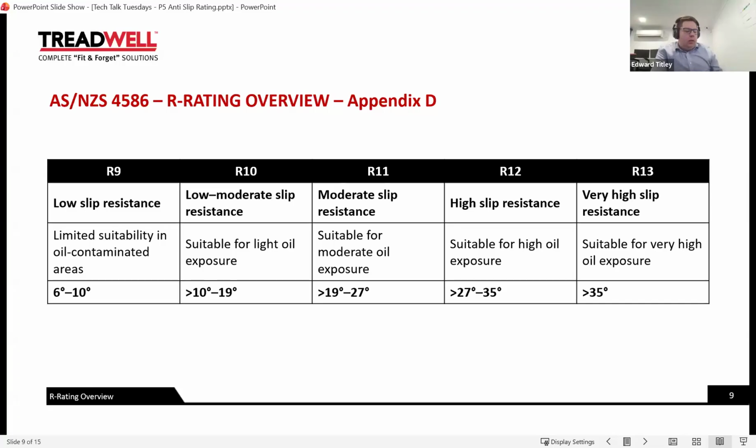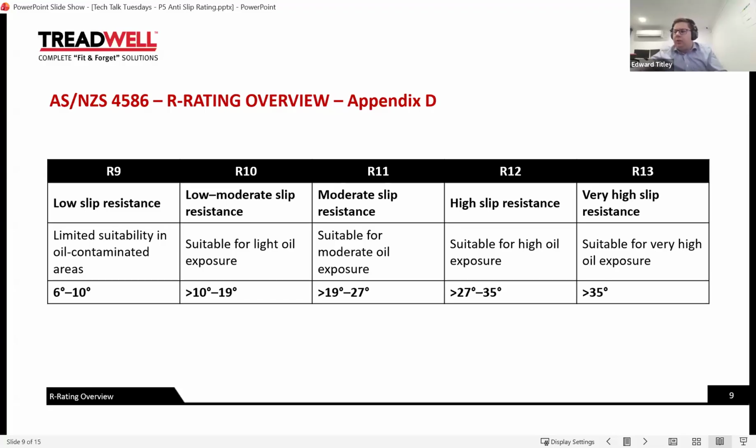And also something to think about, 35 degrees. If we supply a product that has an R13 classification, we can be confident that it's not slippery at greater than 35 degrees of slope. However, there's other considerations around whether that's a suitable walkway. For example, AS 1657 has some requirements around sloped walkways and cleats and so on.